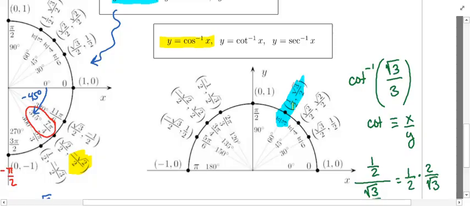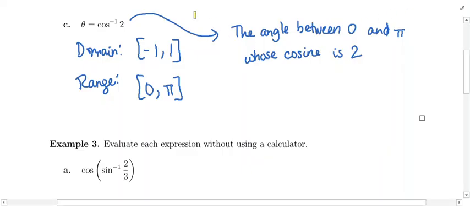So it could be something else. You may have to use a calculator, but before you go that route, you need to check the domain. What are you allowed to plug into the cosine inverse function? Only inputs between -1 and +1 inclusive. Here, you're plugging in 2. 2 is bigger than 1, so 2 is not in this interval, -1 to 1.